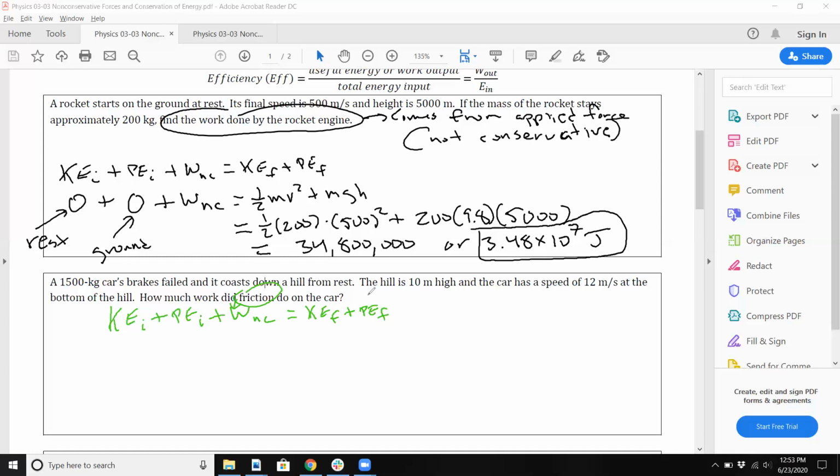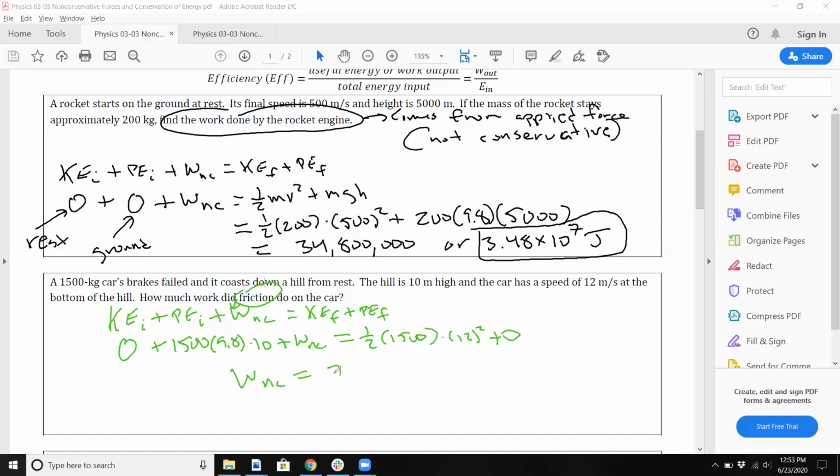plus PF. So right now you have no kinetic energy because you're at rest, but it's going to be 1,500 times 9.8 times the height, which is 10, plus your work that's not conservative, equals your KF, which now we know is going to be 1/2 times your velocity squared, which is 12 squared, no potential energy. Work it all out.